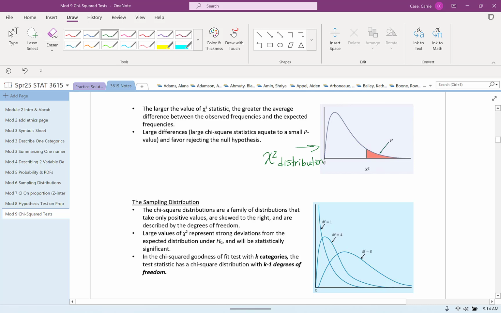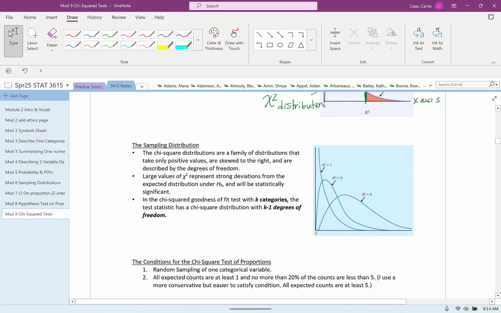It is a positive distribution, meaning it starts at 0, and it is skewed right. And our chi-square test statistic tells us where we are on the x-axis. And then the area to the right of that is the p-value.